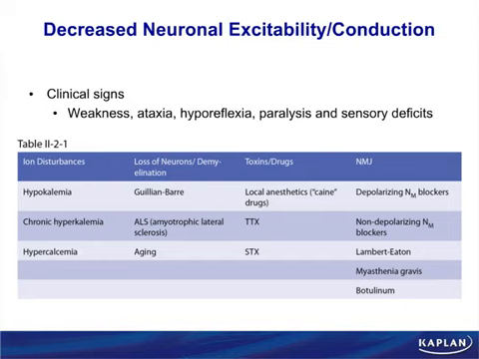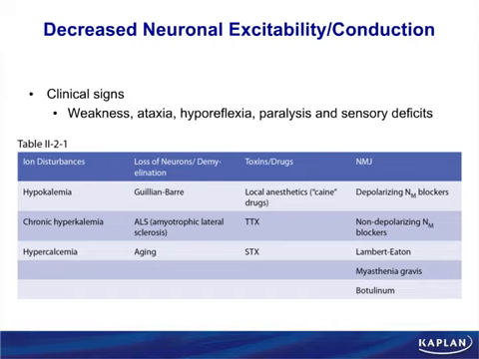Number one, ion disturbances. So decreased excitability means hypokalemia. Why? Mechanism of hypokalemia? I hope you said because it hyperpolarizes. You got it. Bigger gradient, positive charge leaves, hyperpolarization. Don't forget, chronic hyperkalemia.